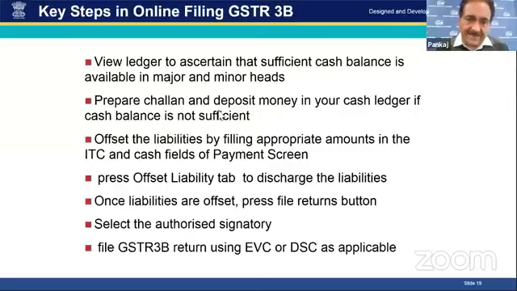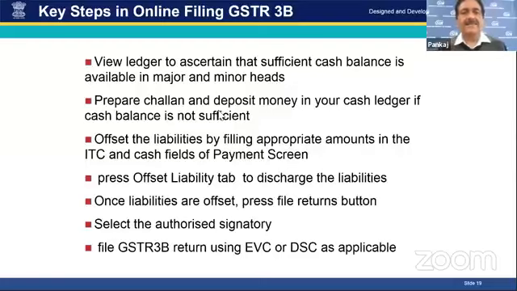Also, the late fee and interest, these are also to be paid in cash. For the remaining liability, you can utilize the balance available in your input tax credit to the extent of the balance available, and the remaining is to be paid by cash.